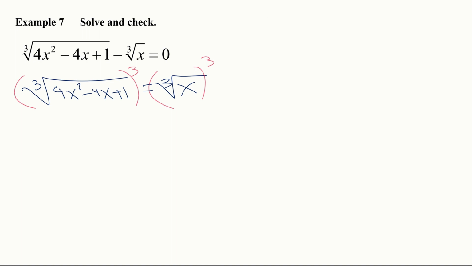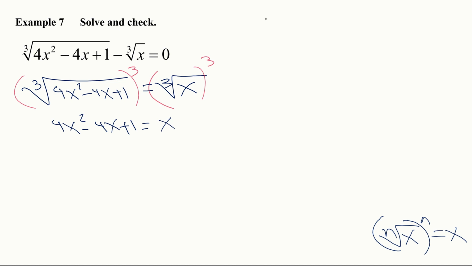And we keep in mind that if we take the nth root of any number and raise it to the power of n, that just gives us the number itself, right? So the cube root of all that cubed just becomes 4x squared minus 4x plus 1. And the cube root of x raised to the power of 3 will just give us x.